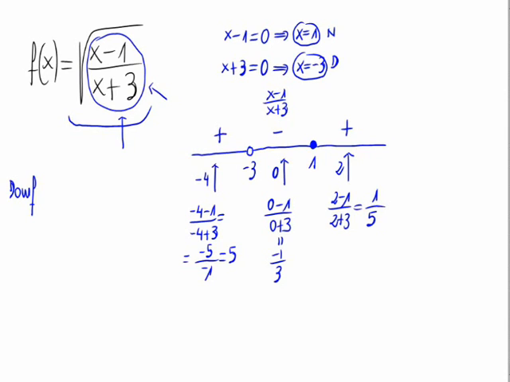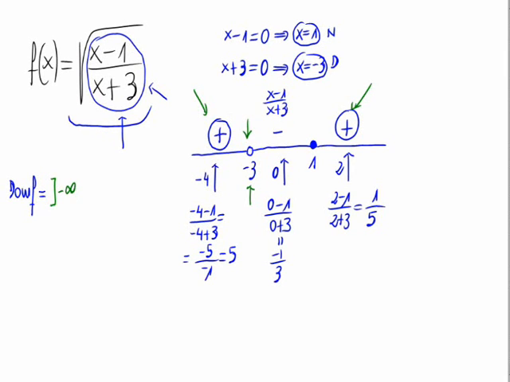And now we can write the domain of the function. As this is positive and the other one positive, that is from minus infinity to minus 3 and from 1 to plus infinity.